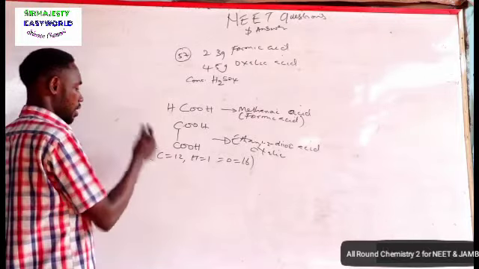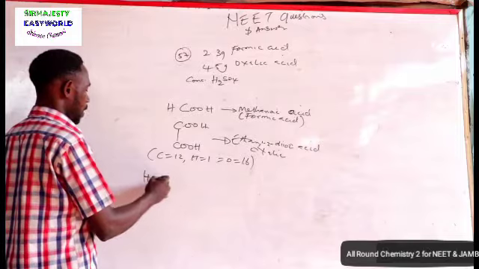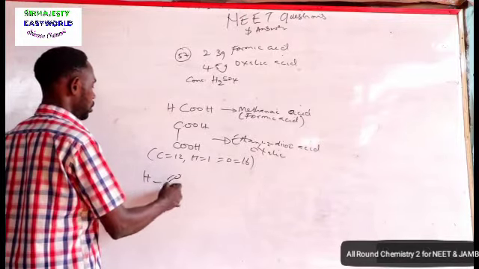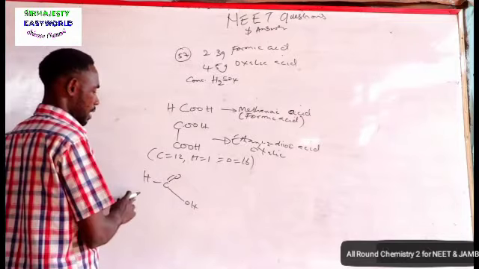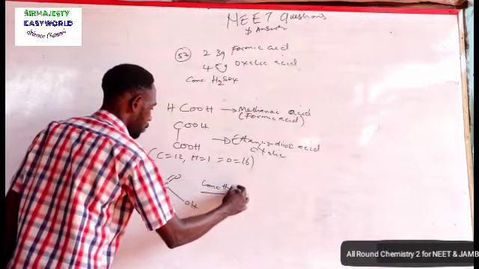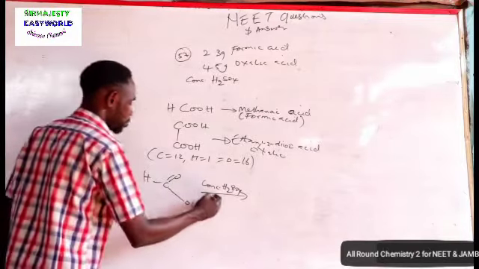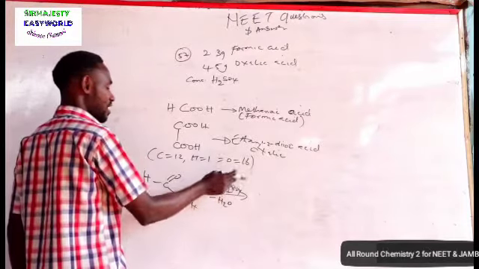carbon dioxide. If you treat the first one here, by structural formula we have this double bond OH. This is formic acid. Then the action of conc H2SO4 on it: we just remove water from it. So H2SO4 is acting as a dehydrating agent.